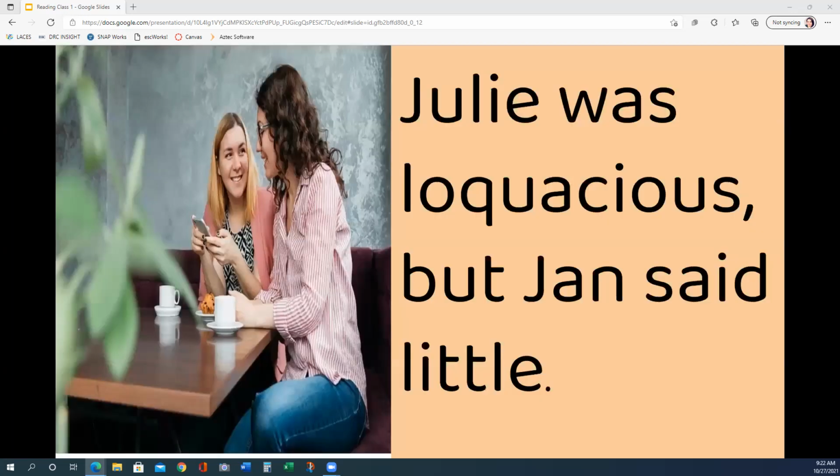Okay. Another example, Julie was loquacious, but Jan said little. So if we look at the word but, that's another one of those opposite indicators. So if Julie is loquacious, but Jan said little, and Jan said little and Julie is the opposite of that, what is she doing most likely?